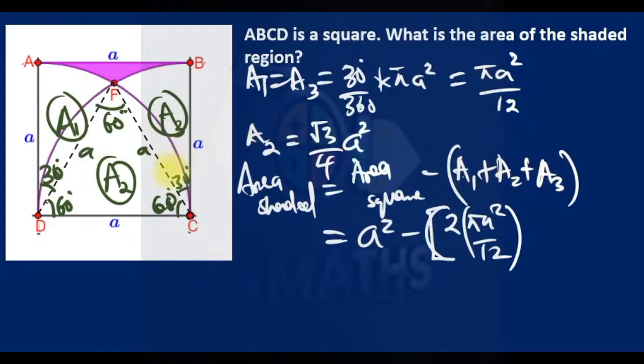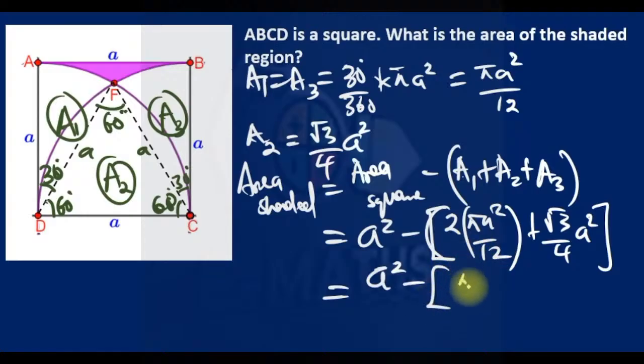They are the same, a sector with the same radius and central angle, plus A2, which is now root 3 over 4 A squared. Let's just write one more time: A squared minus pi A squared over 6, minus root 3 over 4 A squared.